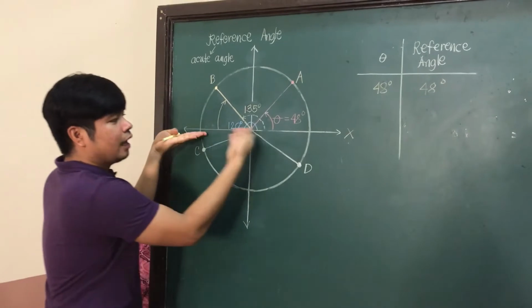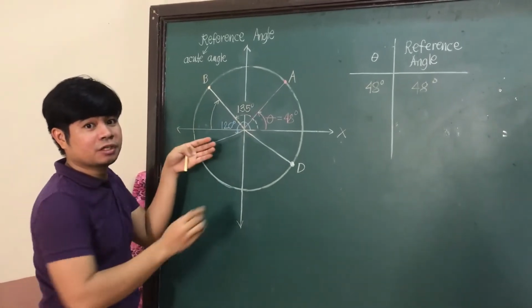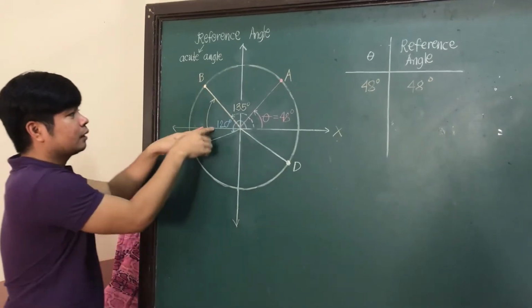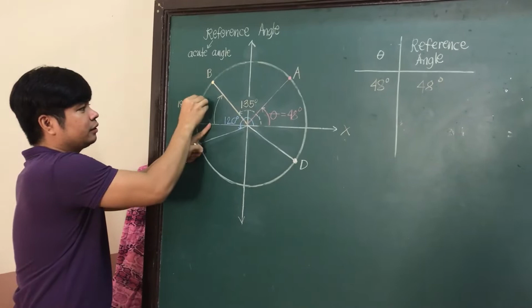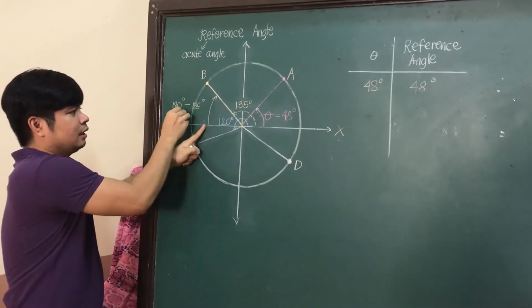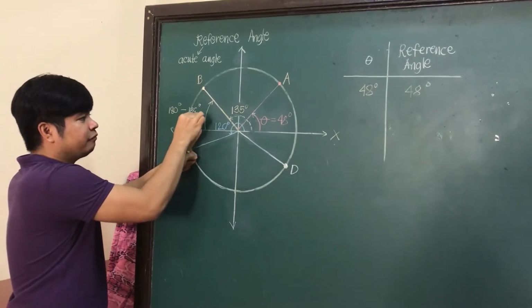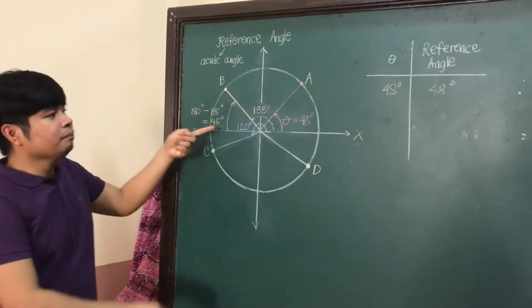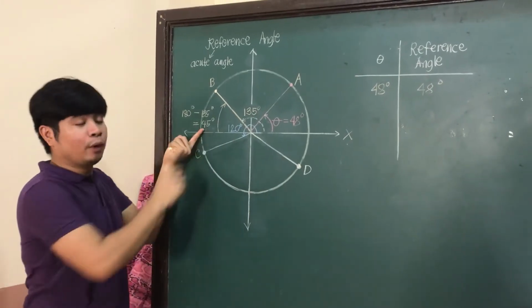We know that half of a circle is 180 degrees when it comes to degree measurement. So 180 degrees minus 135 degrees is equal to 45 degrees. It means the reference angle of a 135 degree angle is 45 degrees.